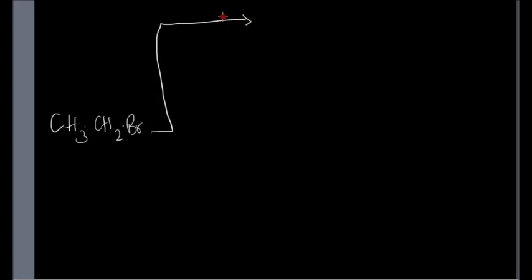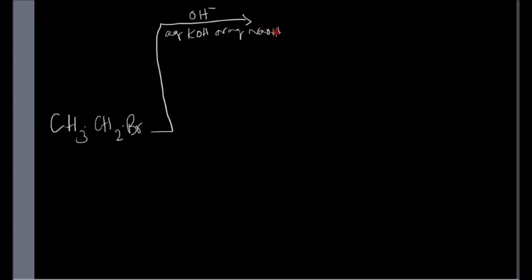Let me take the example of ethyl bromide here. I will write the nucleophile on top and the reagent at the bottom of the line. When the nucleophile is OH minus, the reagent must be aqueous KOH or aqueous NaOH.